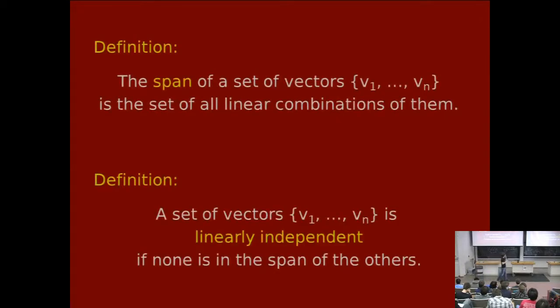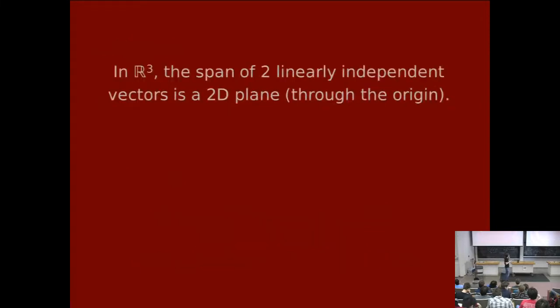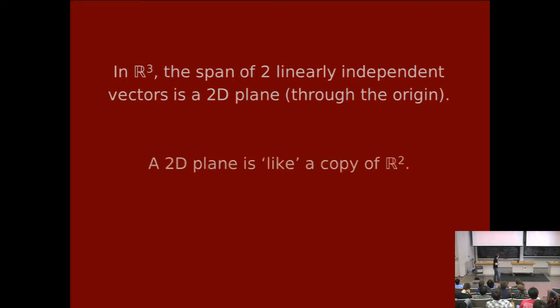So in R3, if you take two linearly independent vectors, that basically just means they're not parallel, then their span, all the linear combinations, is some 2D plane through the origin. And a 2D plane is kind of like a copy of R2, right? It looks like R2, just sitting in three-dimensional space.